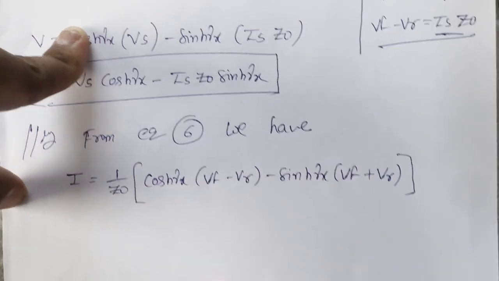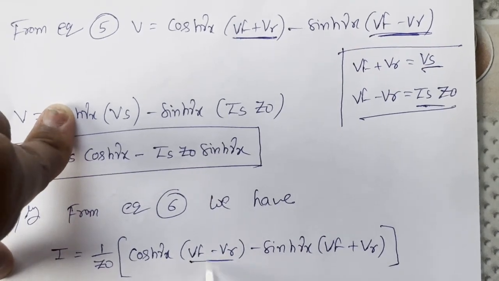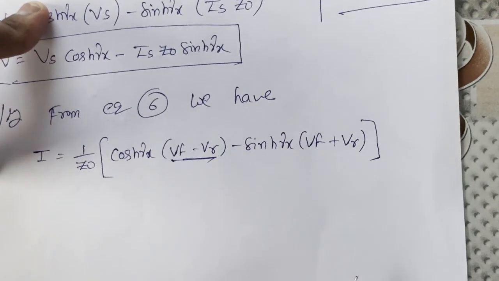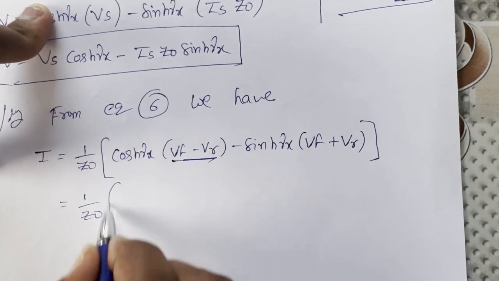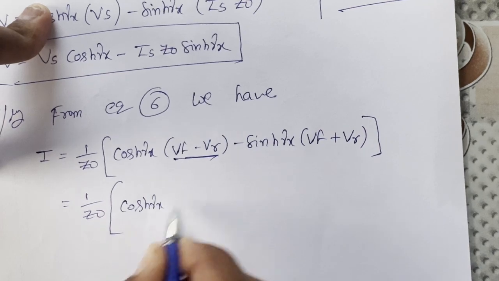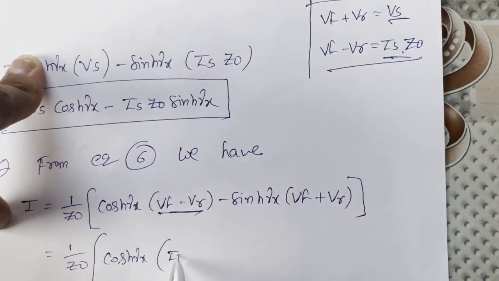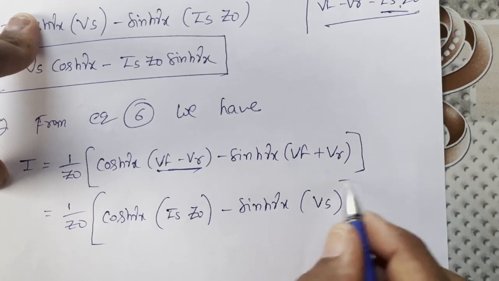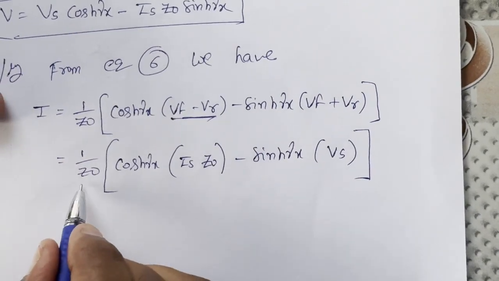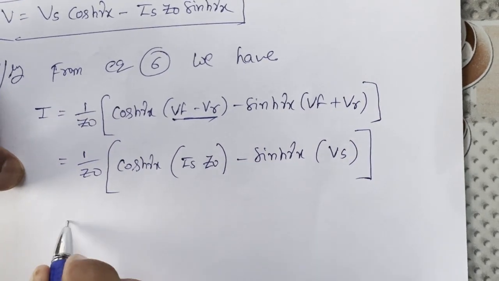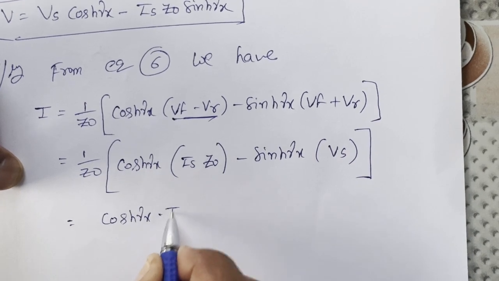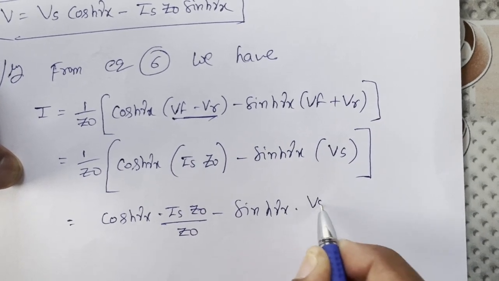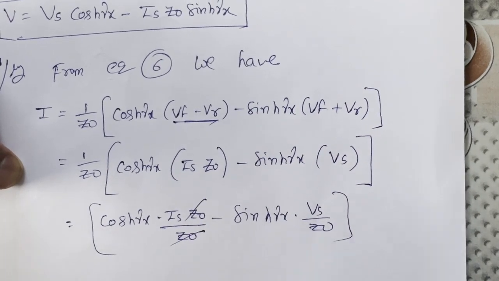Now again I am substituting, instead of Vf minus Vr, Is Z0, and instead of Vf plus Vr, Vs. So I equal to 1 by Z0 into cosh gamma x into Is Z0 minus sinh gamma x into Vs. Here Z0 will get cancelled.